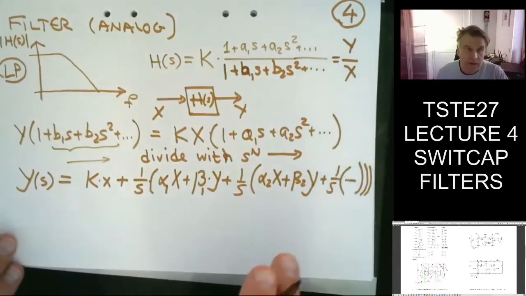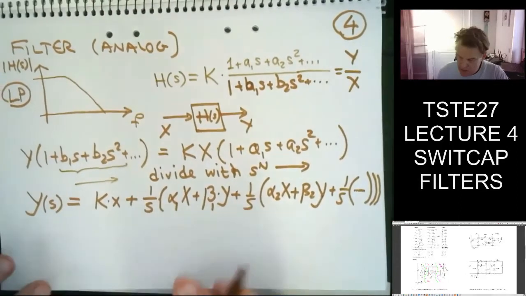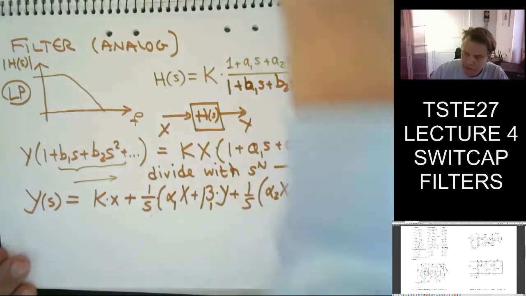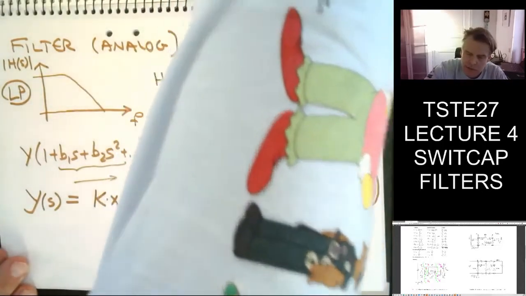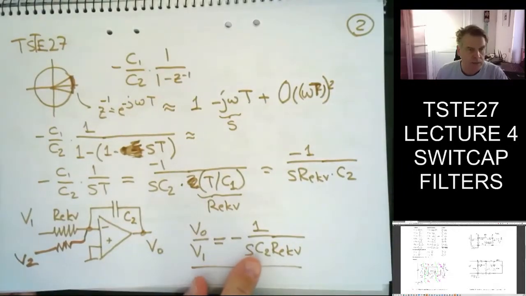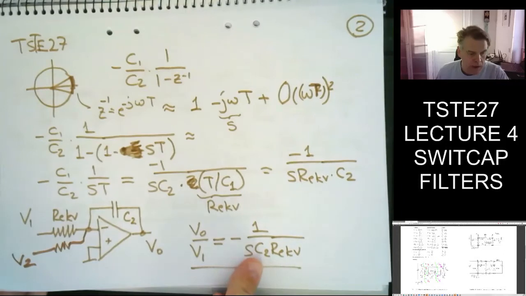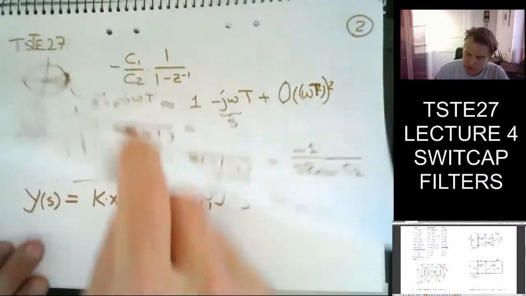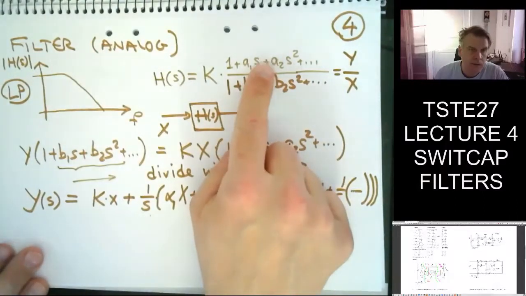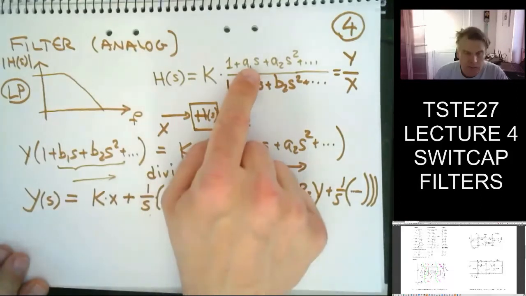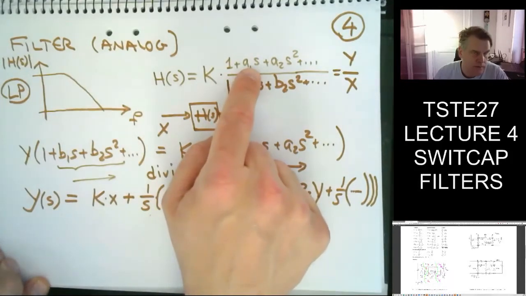The important thing is, however, that we have to rewrite it with integrators. So 1 over S is an integrator. We already know that from the work we did here. Why do I want 1 over S? Why couldn't I just stick to this S here, and why did I do this division? Well, S implies a derivative.